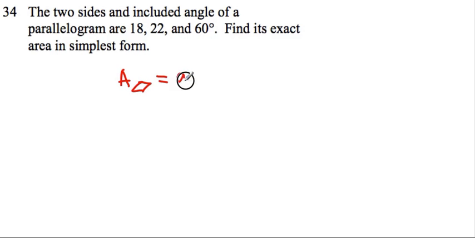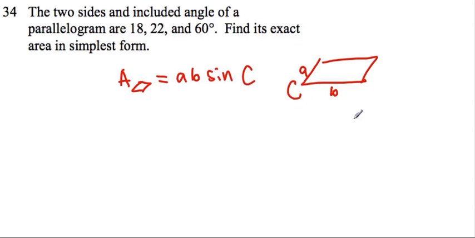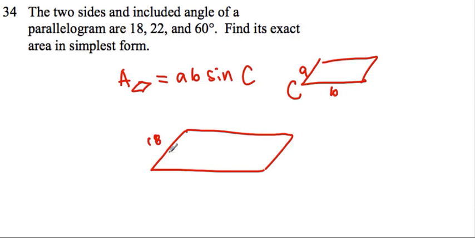It's simply ab sine of C. In other words, two sides are a and b, and the angle between them is C. So here in this case, those two sides are 18 and 22, and the angle between them is 60 degrees. So our area becomes 18 times 22 times sine of 60 degrees.